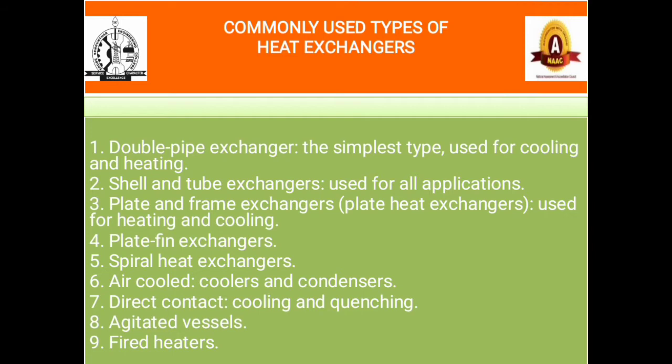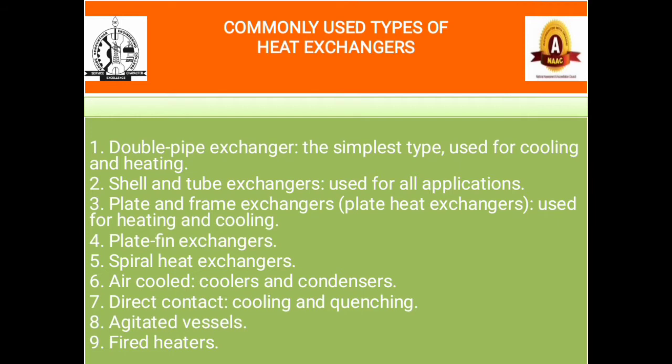Out of these, double pipe heat exchangers play a vital role in almost all the process industries. They are very easy to assemble and maintain. After that, shell and tube heat exchangers are the most widely used heat exchangers in all the process industries, especially in refinery operations.